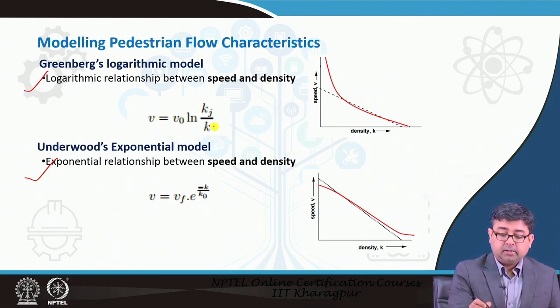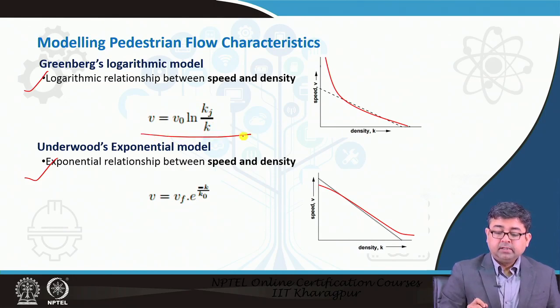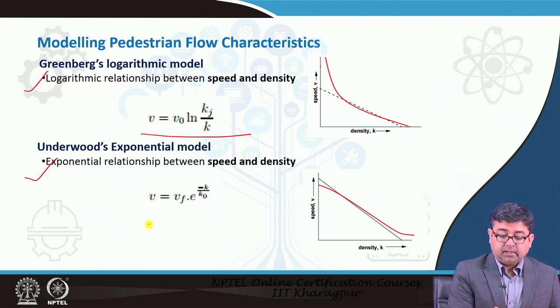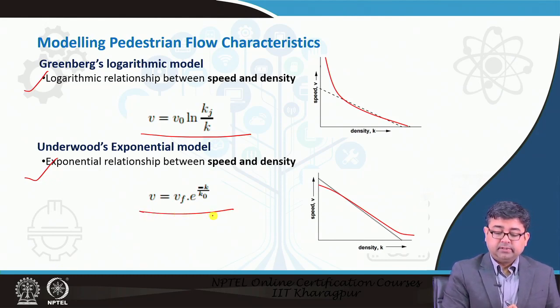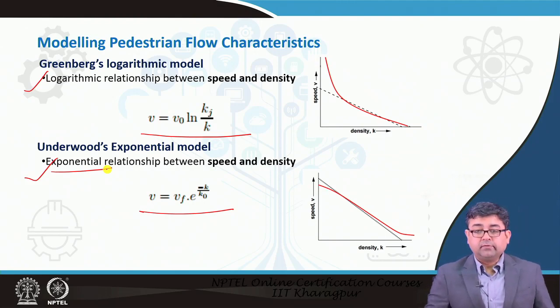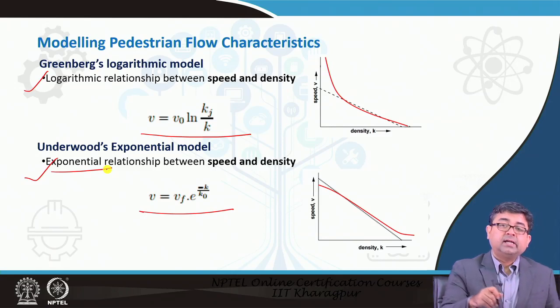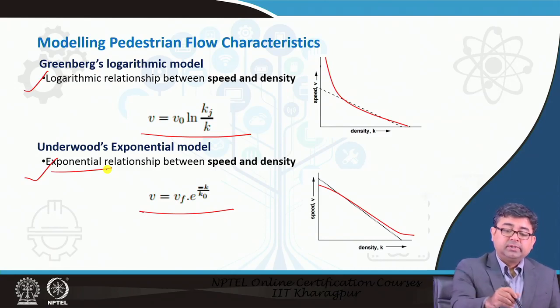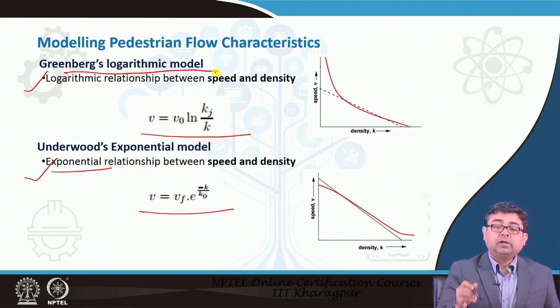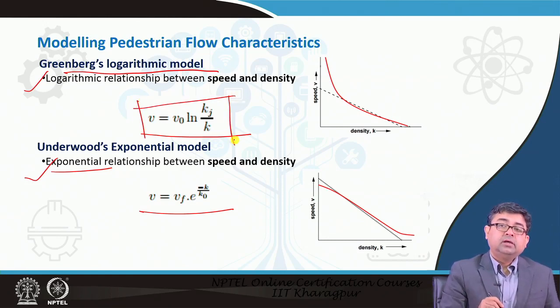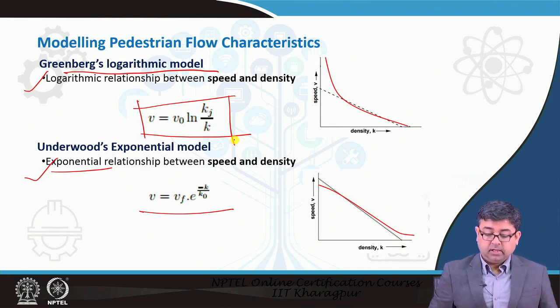In Greenberg's model, the relationship between speed and density is given in this fashion, whereas in Underwood's model, the relationship is given in this fashion, and it is exponential. So, if you are asked to find the relationship using Greenberg's logarithmic model, then you have to use this formula, whereas if we tell you to use the Greenshields model, then you have to use the formula that was shown earlier.